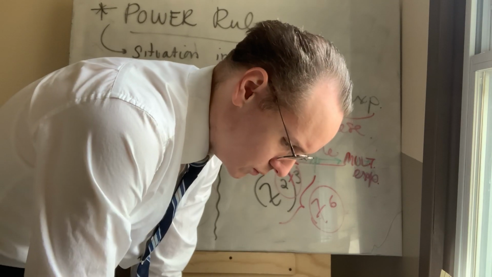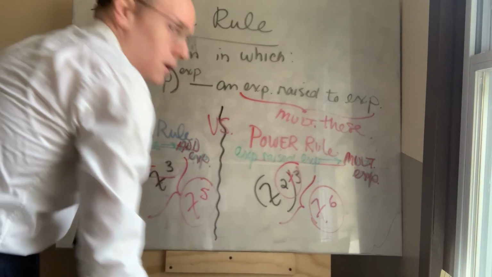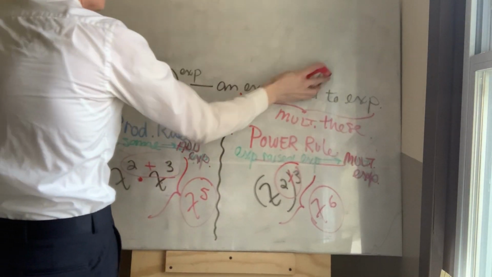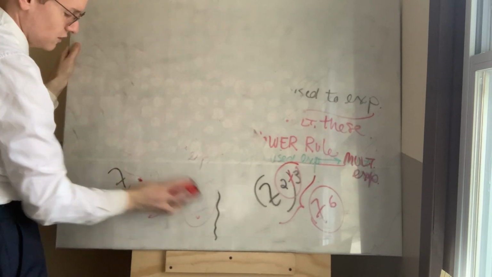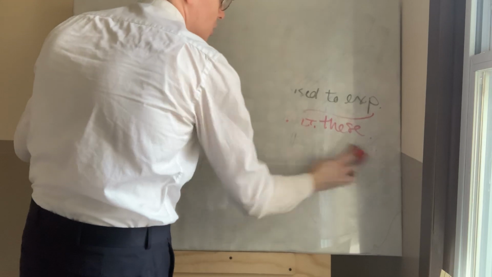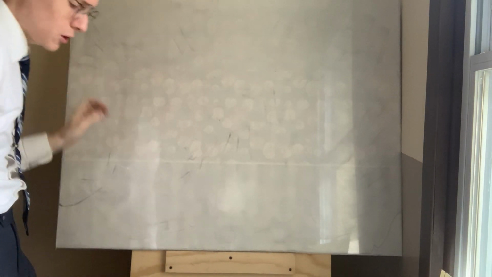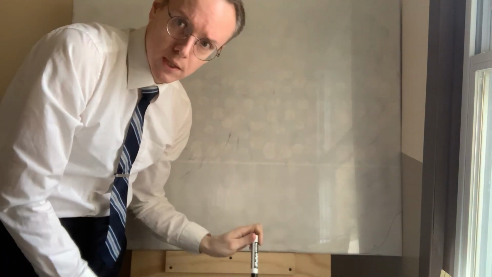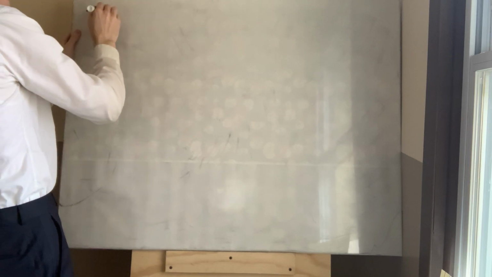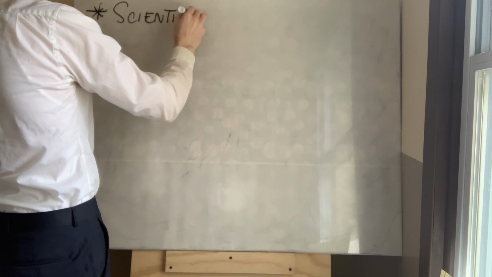All right, let's get into scientific notation. As mentioned before, scientific notation is a convenience. It's an abbreviation, if you will, because it involves exponents for either very large quantities or very small quantities. So think of that. Scientific notation.